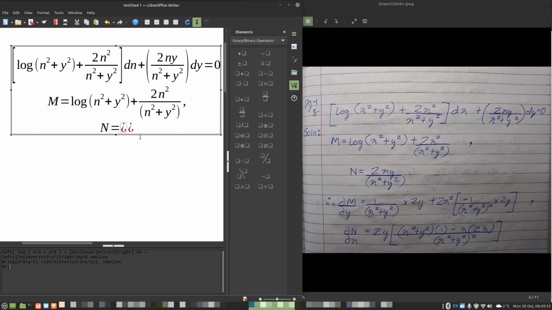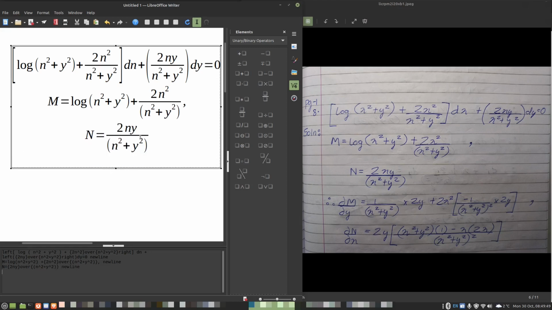n equals 2ny, curly bracket, over n squared plus y squared, new line.